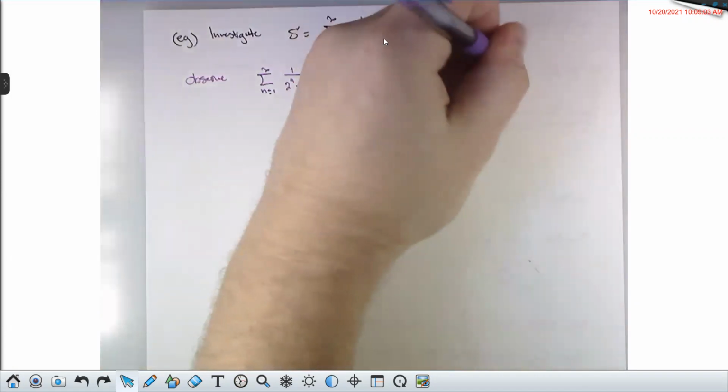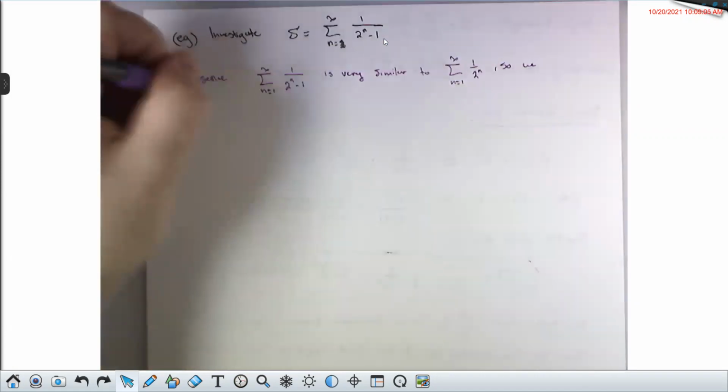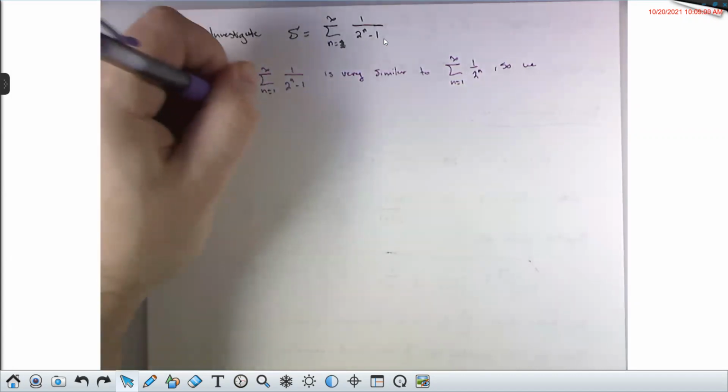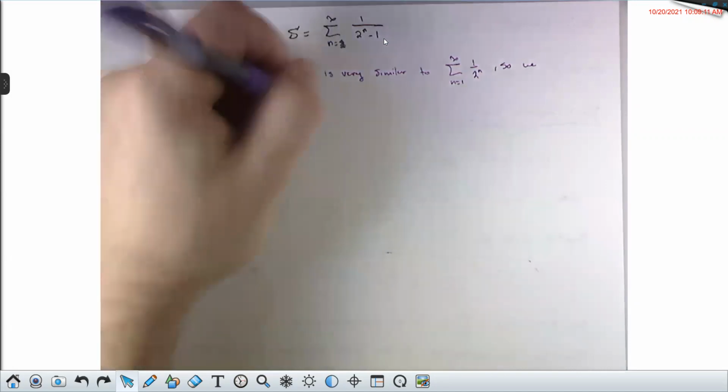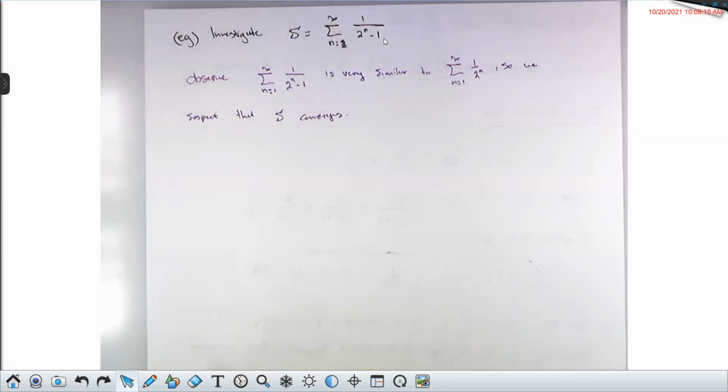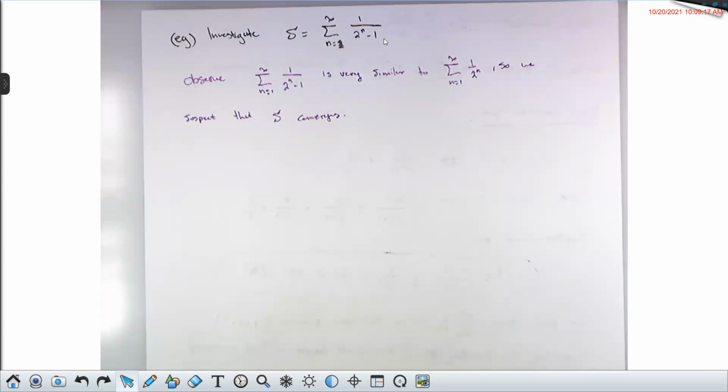So we suspect the series S converges, because it's super similar to this convergent geometric series.